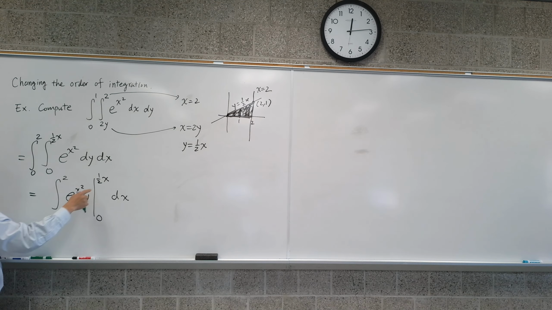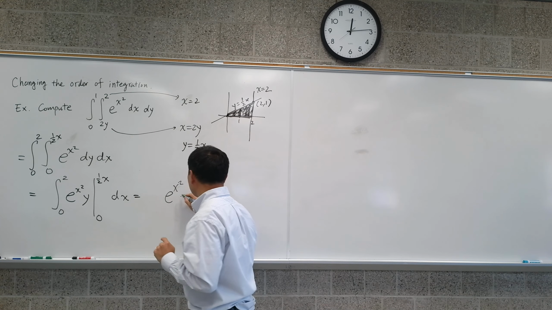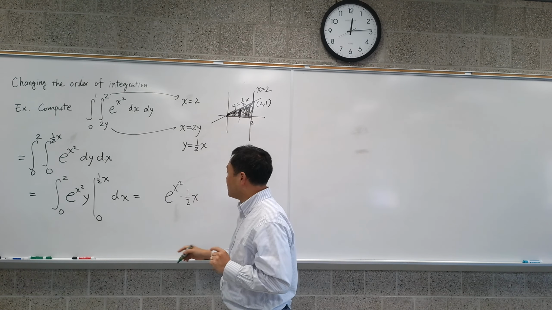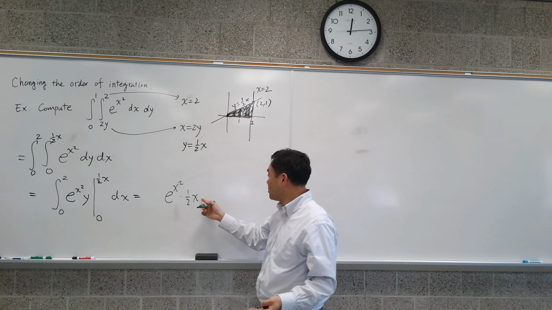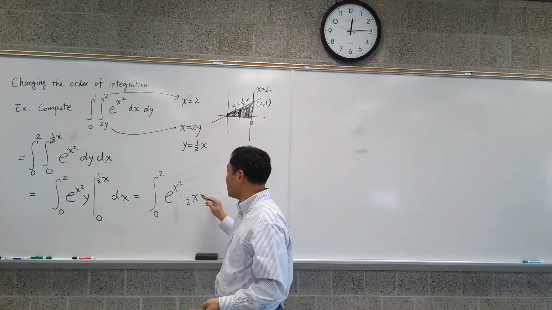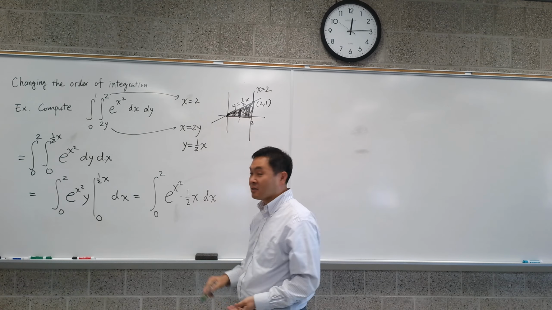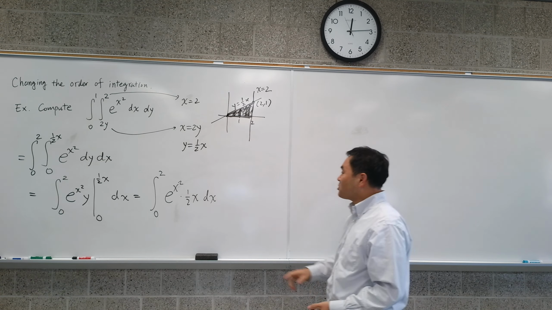And now, 1/2 x goes into y, which gives you e to the x squared times 1/2 x. When you plug in 0, 0 times anything is 0, so you don't subtract anything. And you're integrating 0 to 2 of this thing.